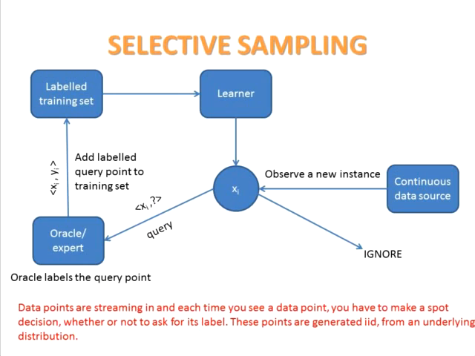How you decide that is on the basis of some heuristics which we're going to see in the consecutive slides. But for now, let's just say that if you think that the point is not informative enough, you're going to ignore it. But if you think that it's a point that's going to help you better your classifier, then you're going to query the oracle for its label.